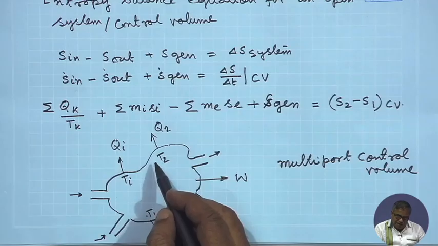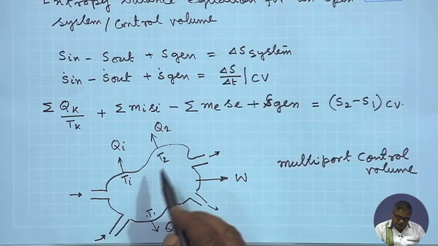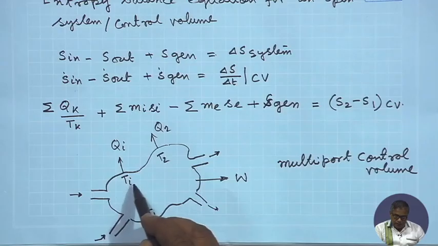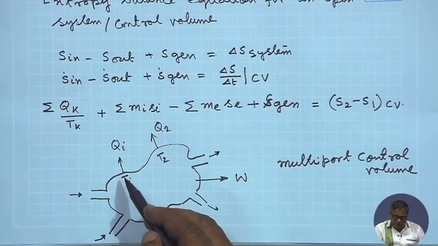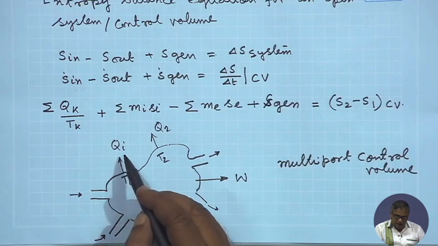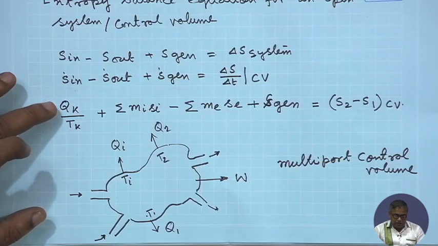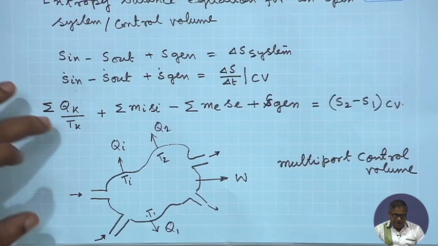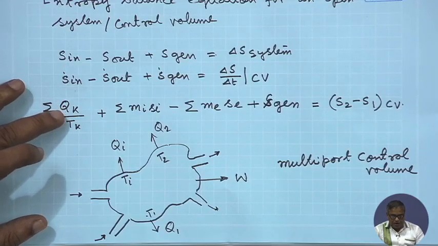Here heat transfer is at a temperature T_2, and the amount of heat transfer is Q_2, and here some sort of general mode of heat transfer has been shown, temperature is T_i and heat transfer is Q_i. So, summing all these, all the heat transfer Q_k by T_k, I will get the entropy transfer due to heat transfer.